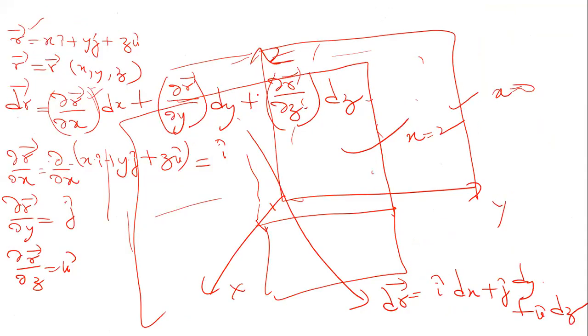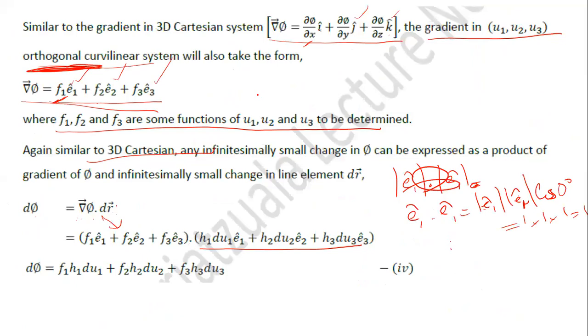So in such a case, e1 dot e2 is 0, and e1 dot e3 will be 0 if the coordinate surfaces and the coordinate lines intersect at 90°. The tangential unit vectors are also orthogonal to each other in this orthogonal curvilinear coordinate system.